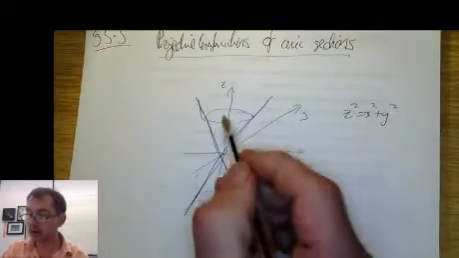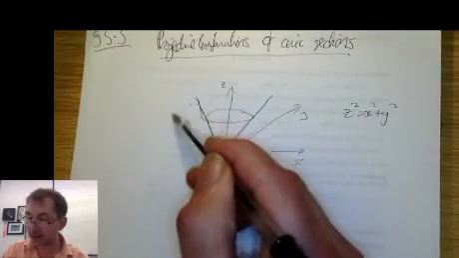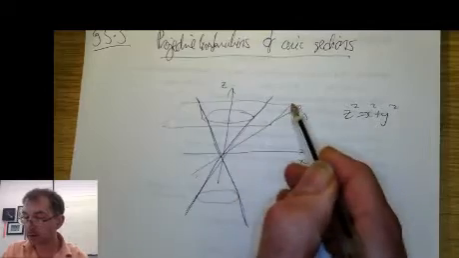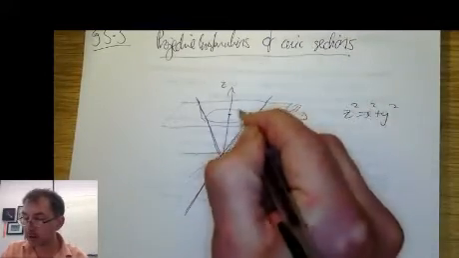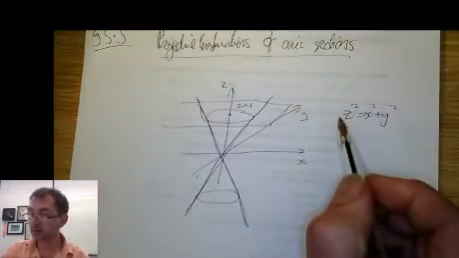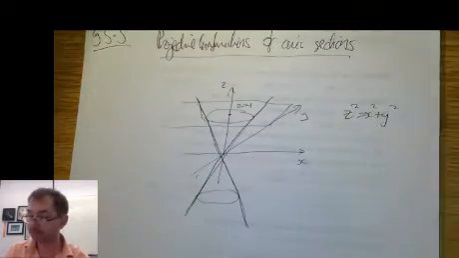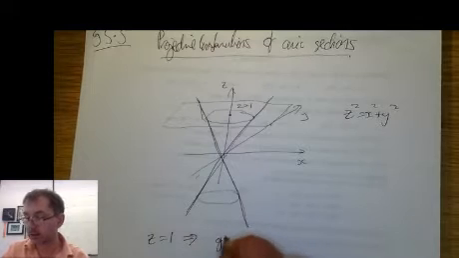Now, if I embed this circle in the plane where z is 1, then saying that z is 1 gives me precisely a circle.